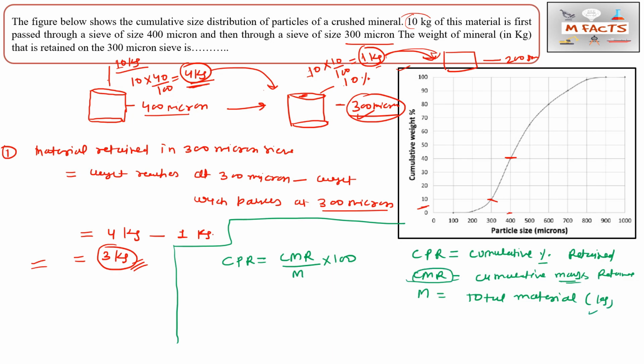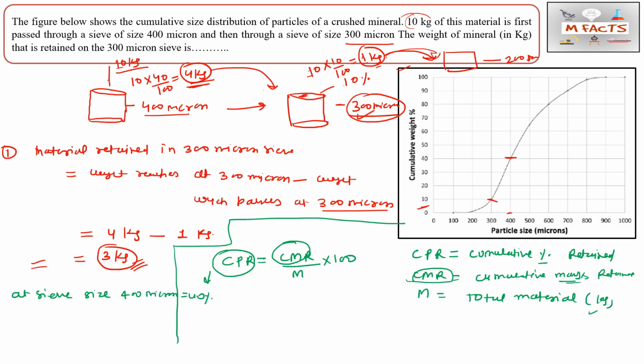So here we need to find this CMR, but we need to find this CPR also. So how can we find this CPR? In this question, we find the cumulative weight percentage at sieve size 400 micron is equal to 40%.